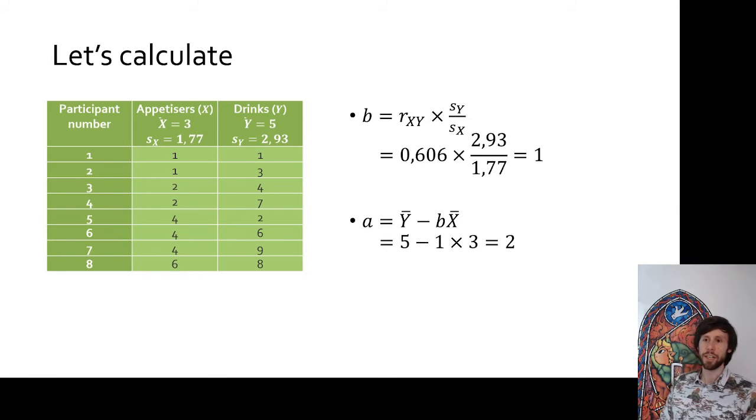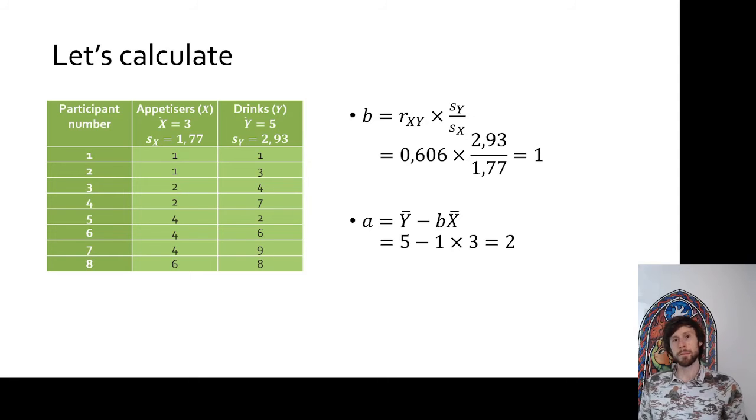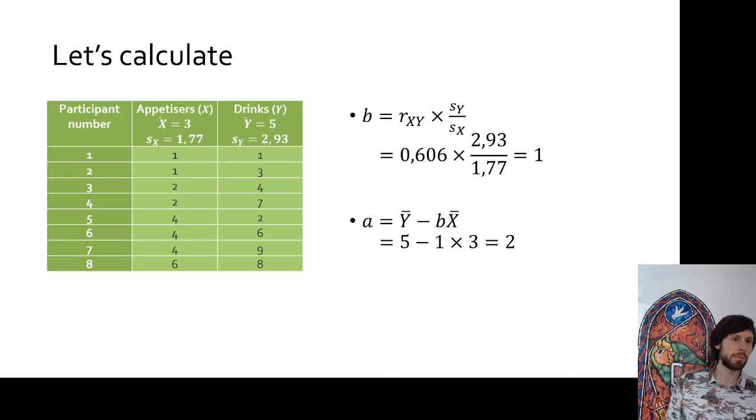How would you put that in a sentence then? An intercept of 2. What does that mean in this particular context? I don't remember the name of the variables, but when there are 0 of the independent variable, which was what?